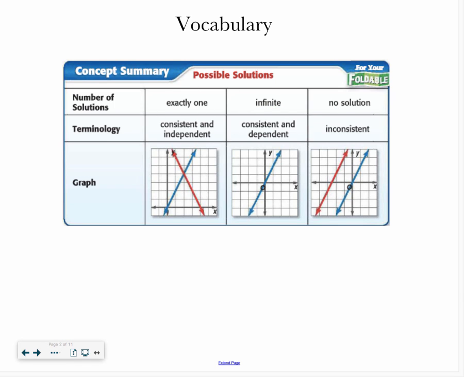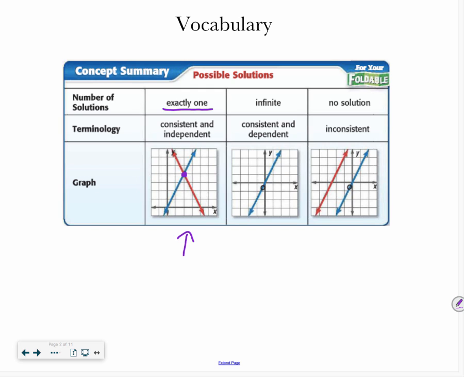So when we're talking about systems of equations, we're talking about when you have more than one line that is graphed, okay? So if you look at the very first example, you have two lines that are intersecting at exactly one point, okay? So there's one solution because the two lines only cross once.